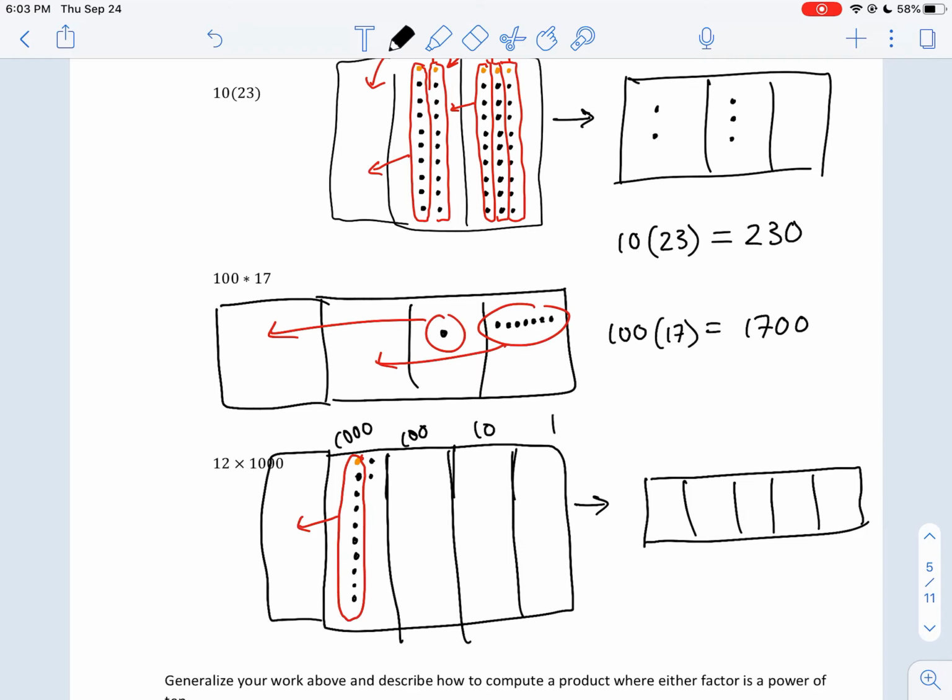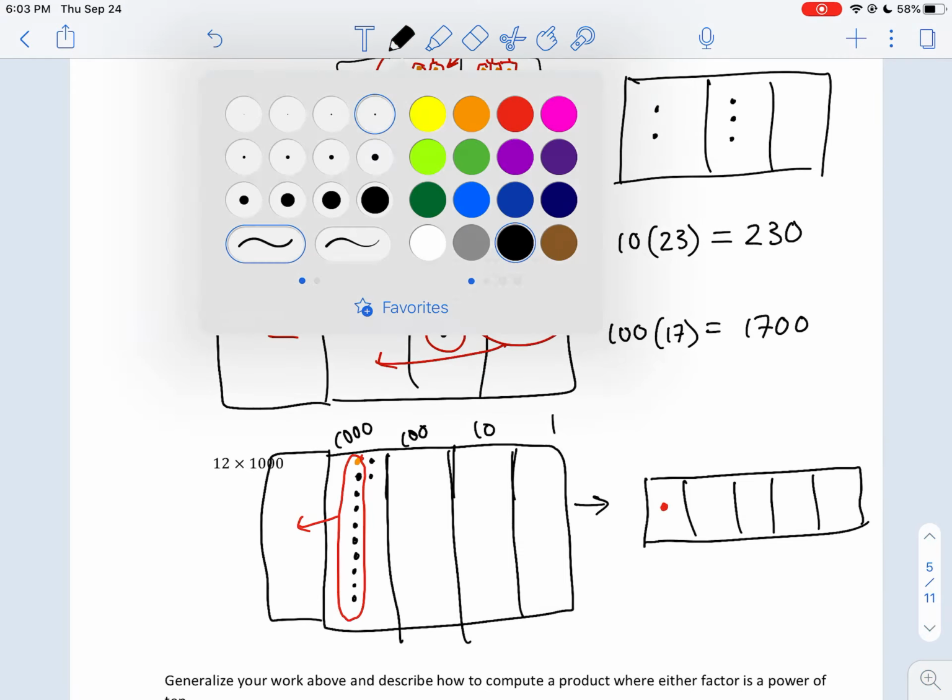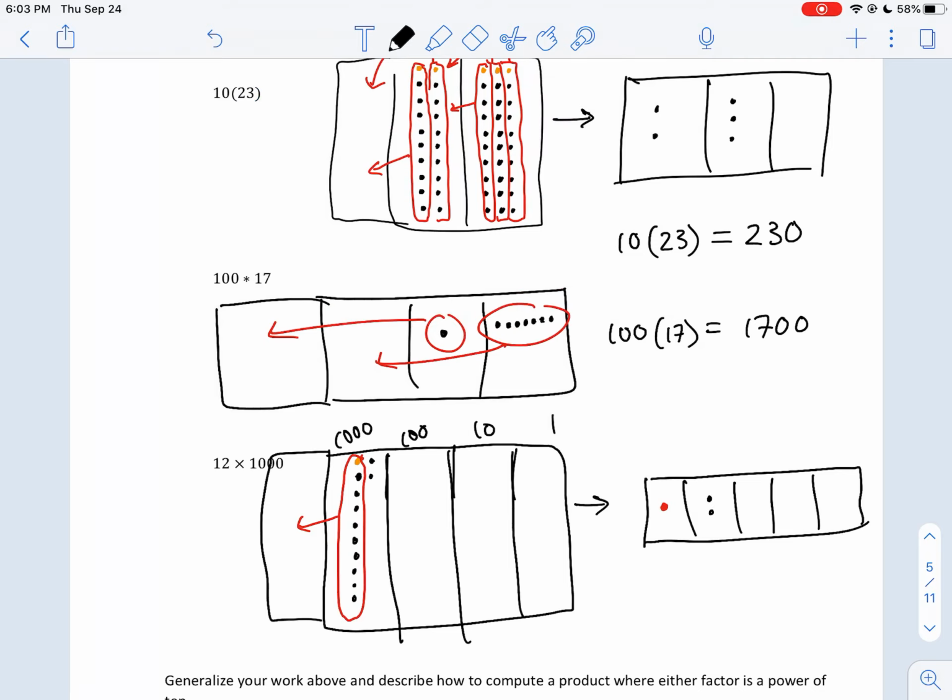We have a single dot moved over that I'll make red, and that's the one that moved. And then the 2 extra dots still here. And so you can see, as far as place value tables are concerned, that we have a total of 1 10,000 and 2 1,000s. So we have 12,000 essentially. That will be the result of doing 12 times 1,000.